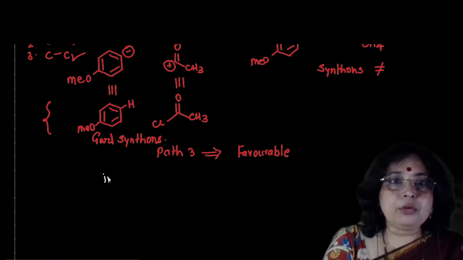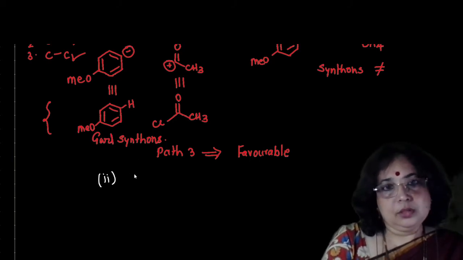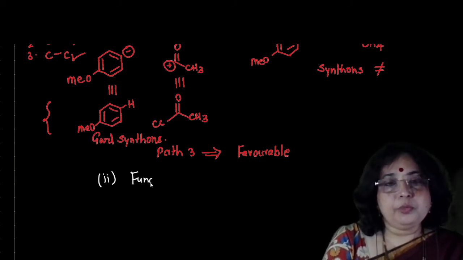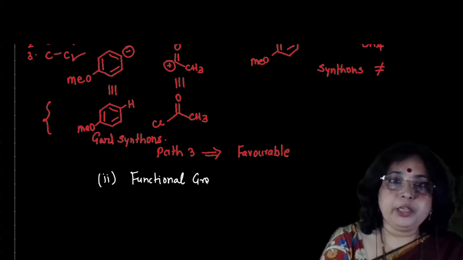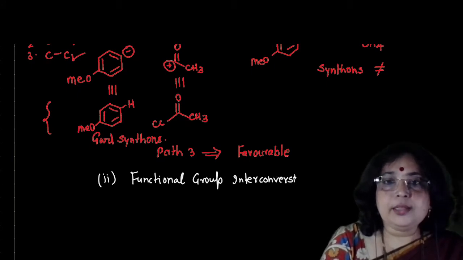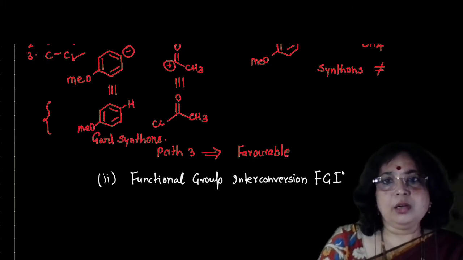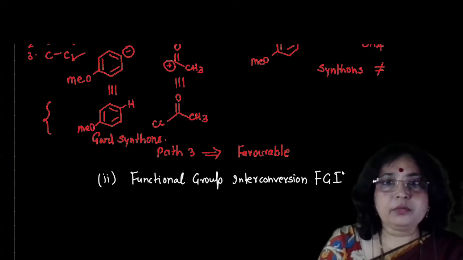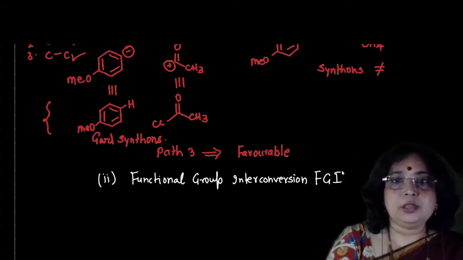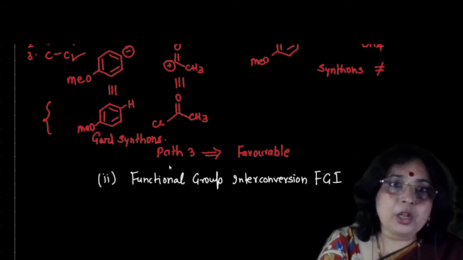Now what about the functional group? The second approach, that is functional group interconversion, FGI. Whether I should apply this approach, whether it is necessary, or is it really required to simplify the molecule.